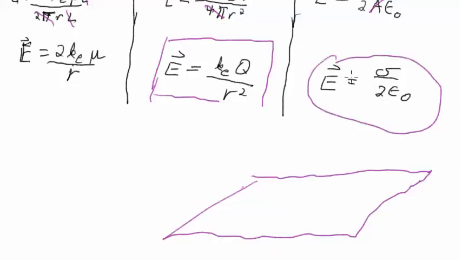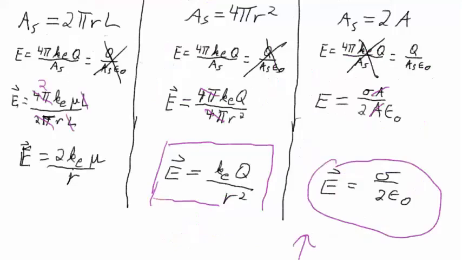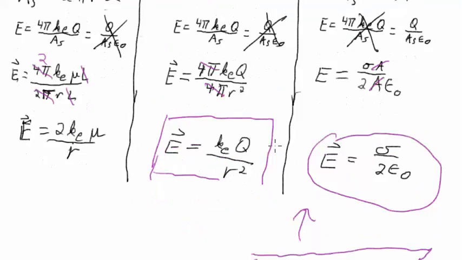You might think it is strange to say that there is no R dependence on the electric field from a flat plane. Does that mean that no matter how far you get from this flat plane, there would be no change in the electric field? Well, I will say yes and no. If you get farther and farther away from a flat plane, there are two possibilities.